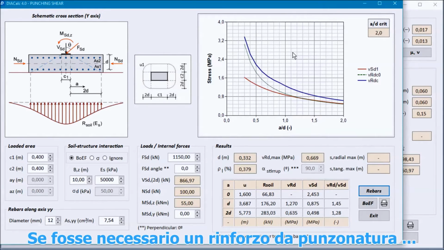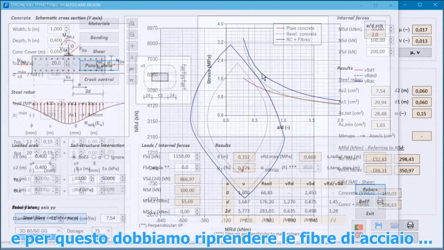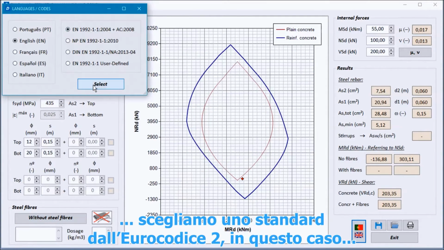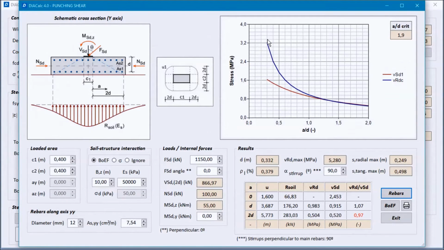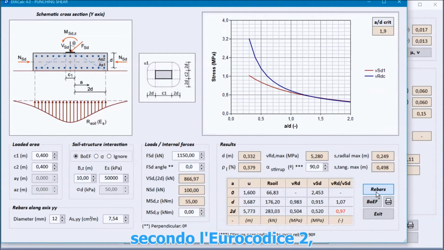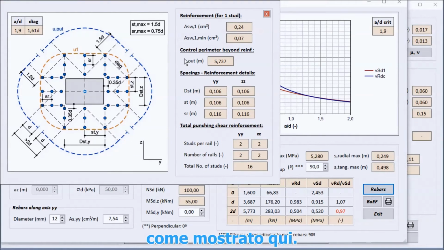If any punching reinforcement is necessary, for that we have to take out the steel fibers, and let's choose standard DIACalc 2. For that situation, DIACalc provides the definition of a detailed rebar solution according to DIACalc 2, as shown here.